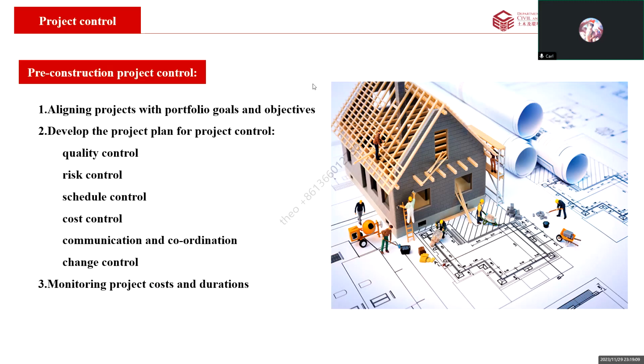Next, develop project control plans, which consist of quality control, risk control, schedule control, cost control, communication and coordination, and change control according to objectives. The above plans are described in detail in the report. Last but not least, we set up some schedules to monitor project costs and duration during the construction, which can easily find whether there are cost overruns and schedule delays.